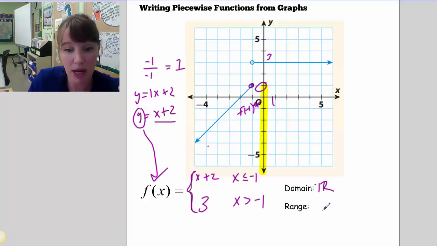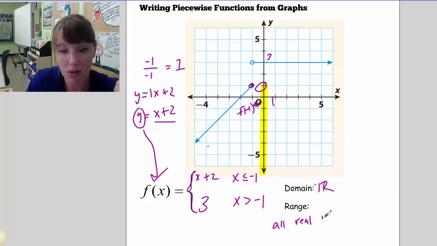So the range is all real numbers less than or equal to 1.